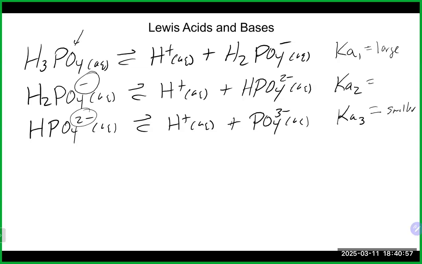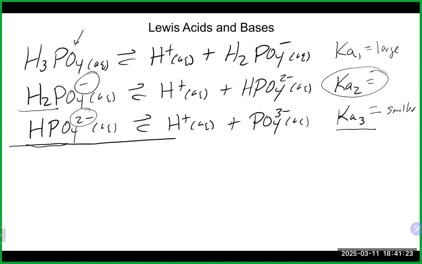That is because it gets harder, which means this value gets smaller. And when it gets smaller, do I mainly have reactants or products? If I have a small K value, I should mainly have reactants, which means it's going to stay together. This one gets even smaller, which means it's even more going to stay together. Not a lot of it is going to come off. So it does come off in a stepwise fashion.